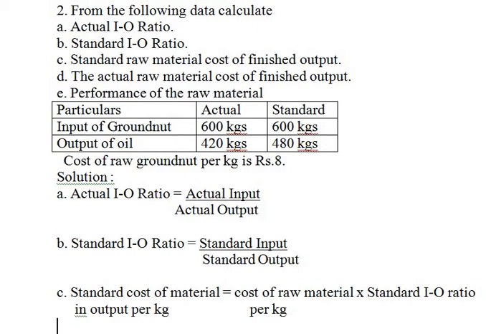They have asked us to find out actual IO ratio. So actual IO ratio, how you can find out? Input divided by output.